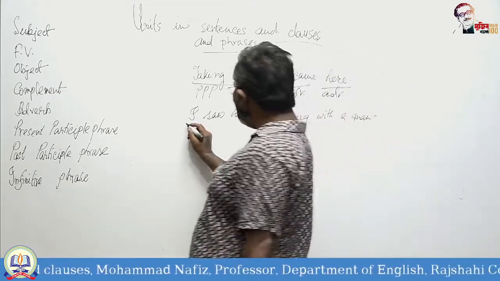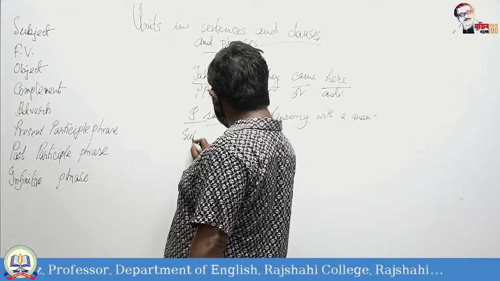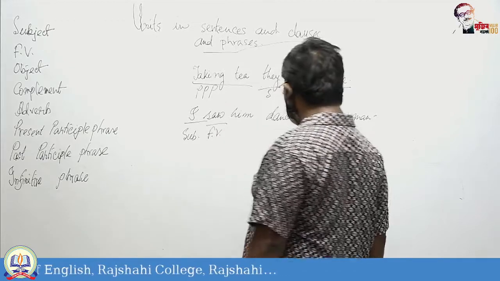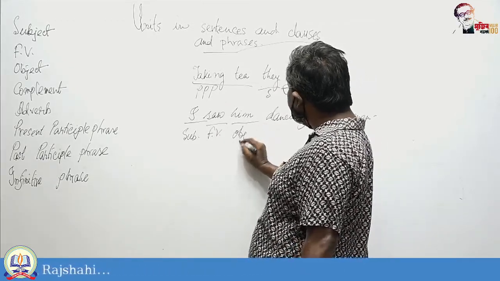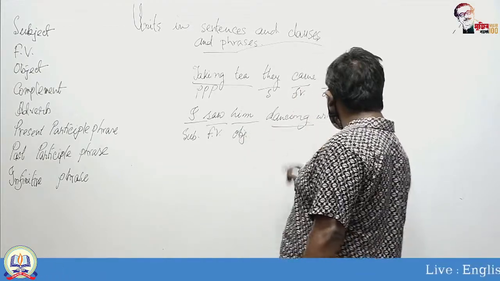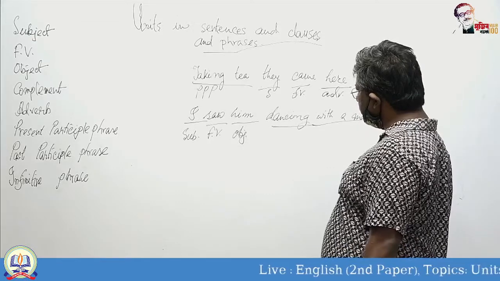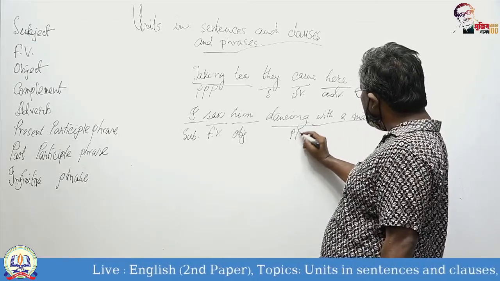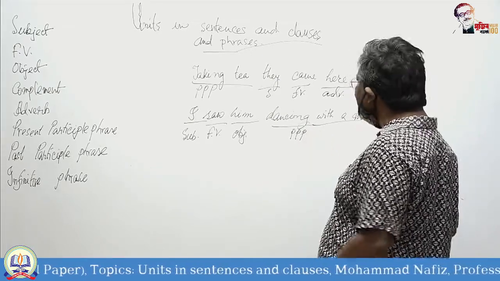Look, I is the subject, saw is the finite verb, him is the object of the sentence, and dancing with a man is the present participle phrase making a unit in the sentence.